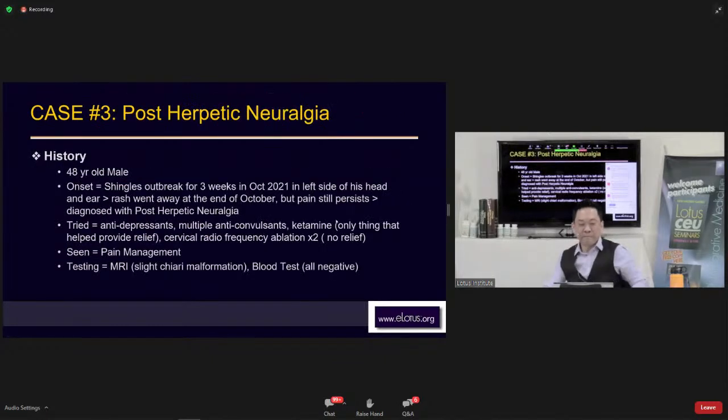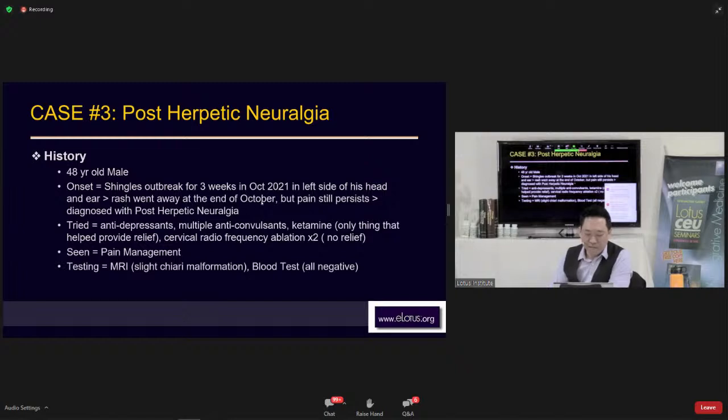Number 3, post-herpetic neuralgia. A 48-year-old with shingles. He had an outbreak for 3 weeks in 2021 on the left side of his head and ear. Shingles is already super painful, but to have it on the left side of your head is even worse.